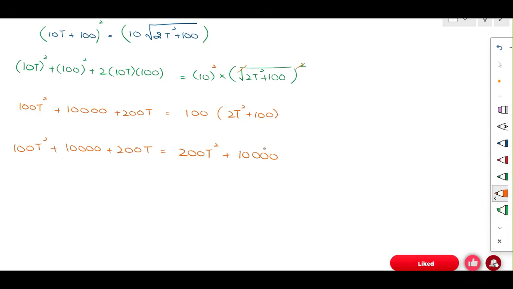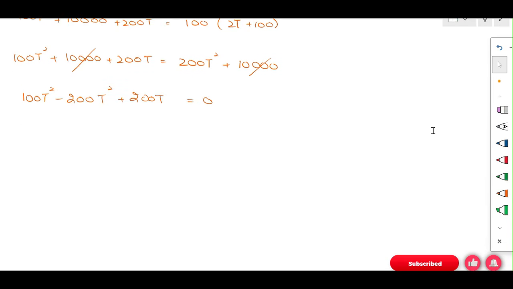So now we can shift everything to the left side. These two are the same term, so we can cancel them out. So 100T square minus 200T square plus 2000T equals 0. Let me solve for T. So this is minus 100T square plus 2000T equals 0.